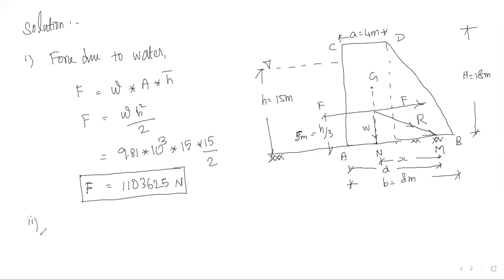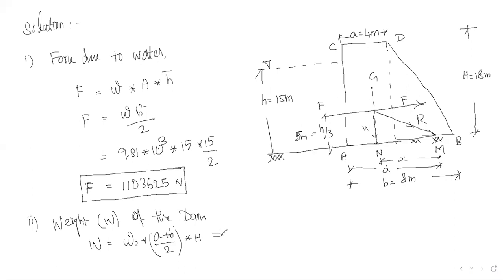Next is the second force, that is the weight of the dam. So W is equal to omega naught into (a plus b) divided by 2 into H. Then it becomes 19.62 into 10 to the power 3 multiplied with (4 plus 8) divided by 2 into 18.